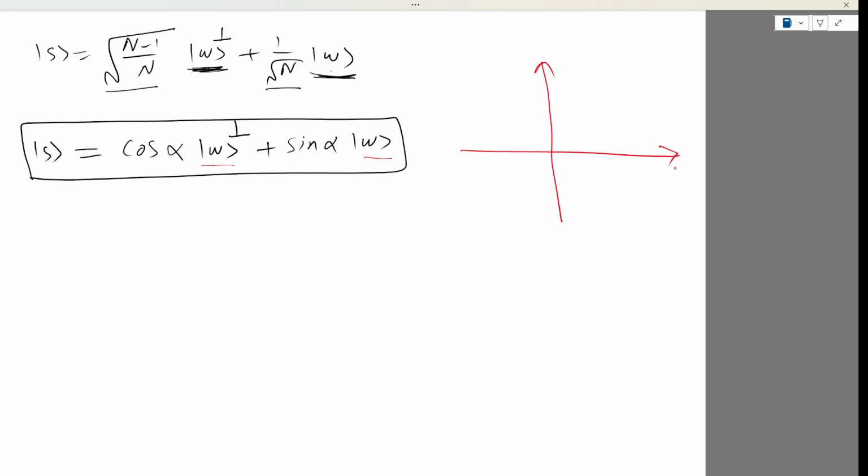Let's say this is the W perpendicular axis and this is the W axis, and our state S is this state, and it has some angle alpha with this W perpendicular axis, because there's a cosine alpha here.